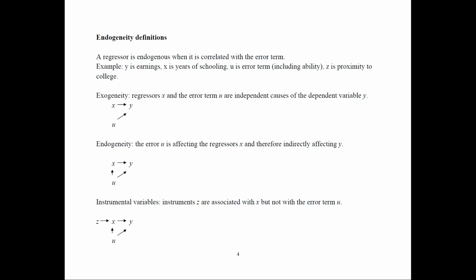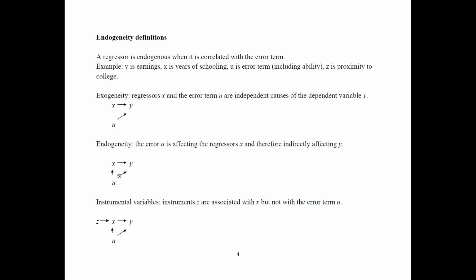However, in the case of endogeneity, we would have that the error term U is affecting the regressors X and therefore indirectly affecting Y. So what's happening is we're adding an extra link here from the error term to the regressors.